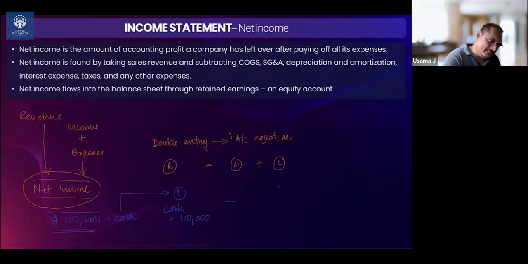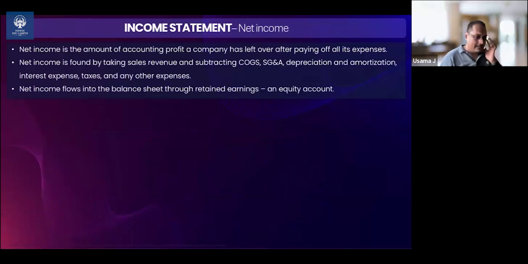Therefore, the reciprocal is what? Under capital or under equity, we recognize another $100,000. Assets equal liabilities plus capital. So this is essentially how it is going to flow into the balance sheet thereafter. Has quite a few implications even from an analytical, financial modeling or other perspective as well.